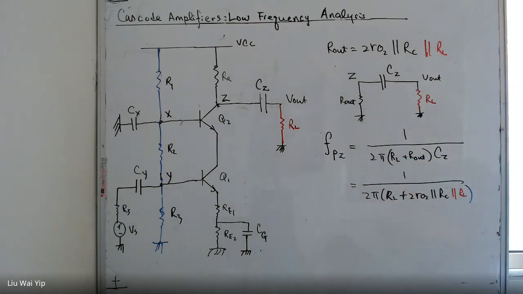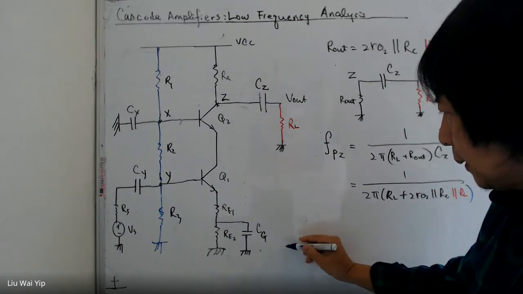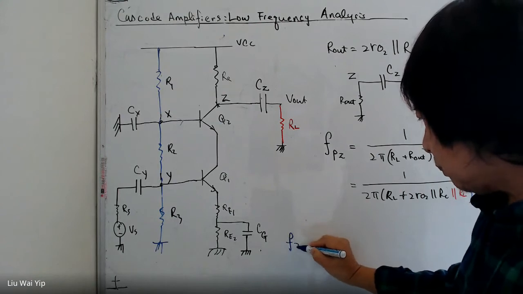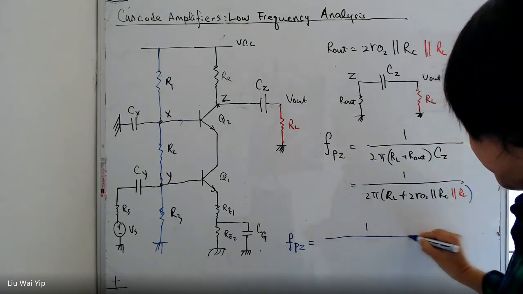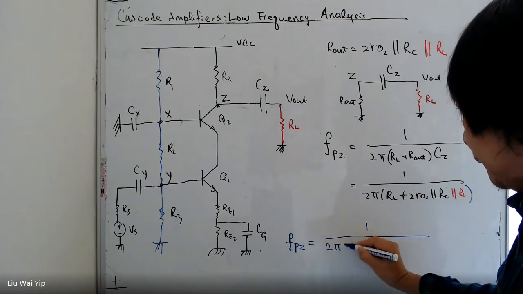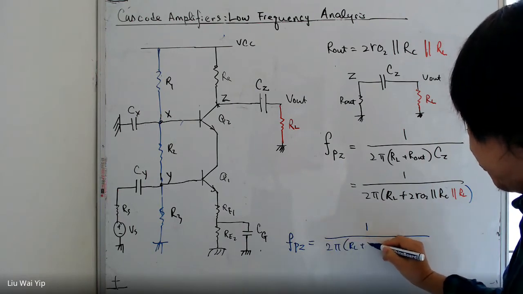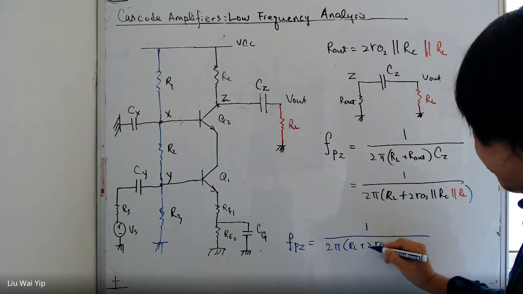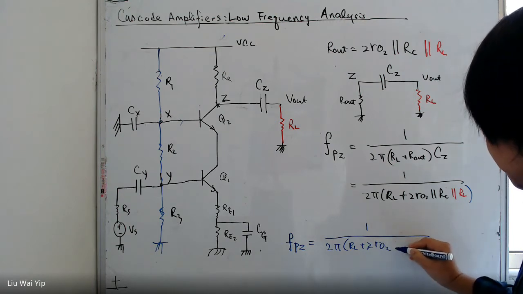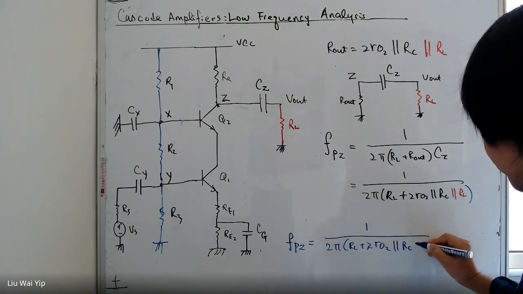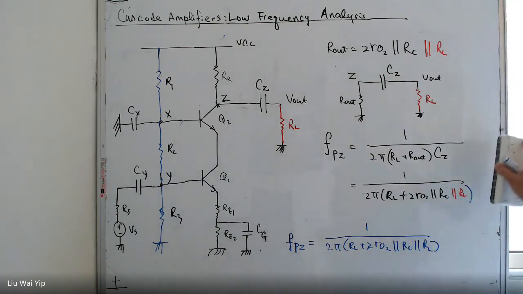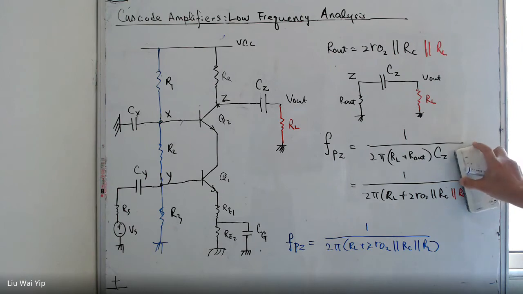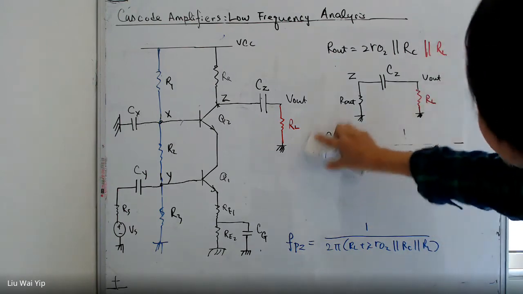This one is done, so I'm going to write down the intermediate result. FPZ is equal to 1 over 2 pi, times RL plus RO2 in parallel with RC. So this is done.